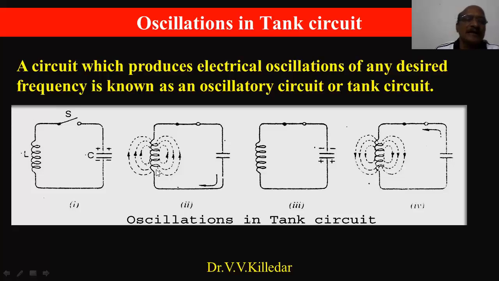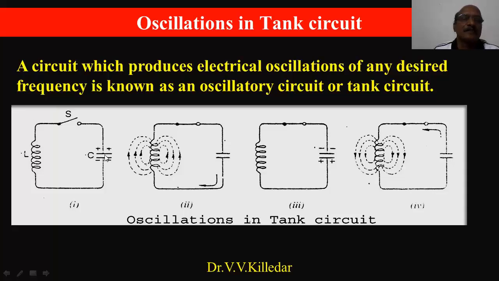According to Faraday's law of electromagnetic induction, an induced EMF will be generated between the two ends of the coil, and this will again send a charging current to the capacitor, so the capacitor now gets charged with opposite polarity, because the direction of current according to the Faraday-Lenz law is opposite to the previous case. Therefore, see here the polarities of the capacitor. The upper plate is positive and the lower plate is negative when we connect an external DC battery across the capacitor.